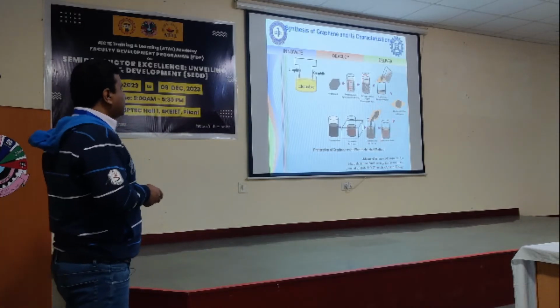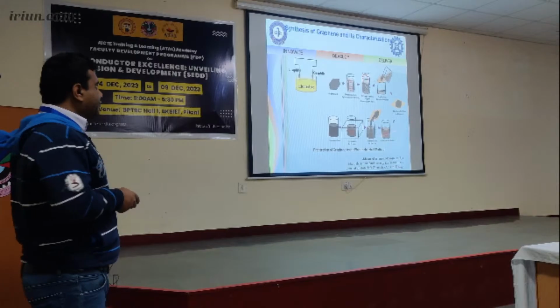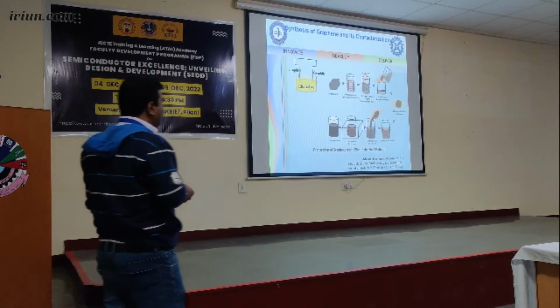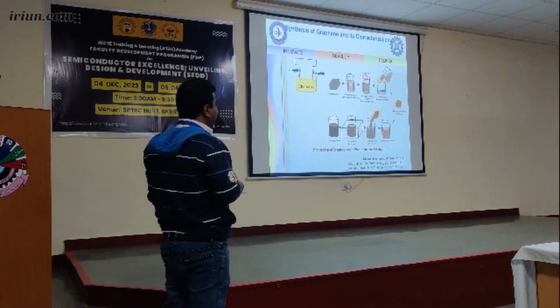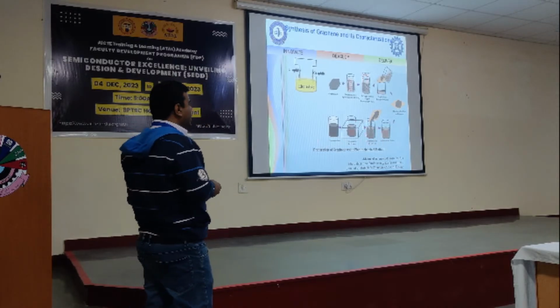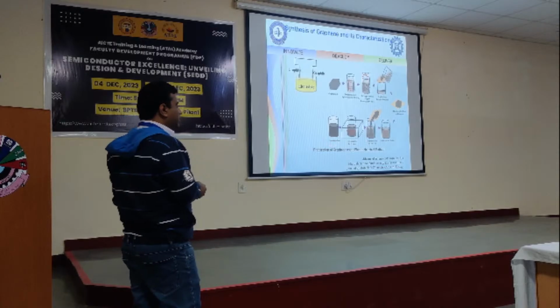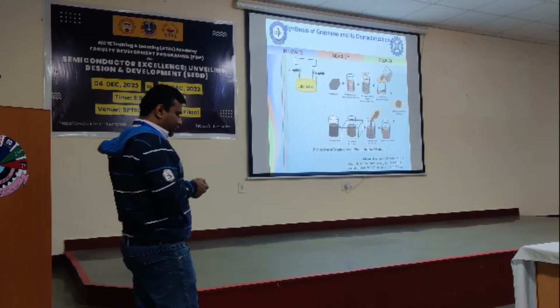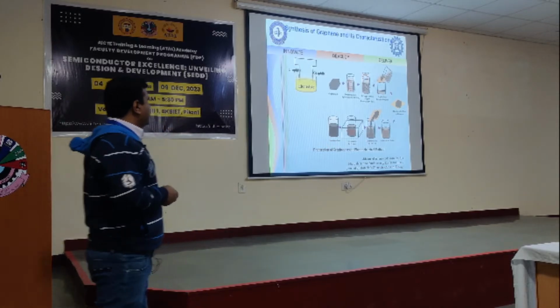Then the whole night it is dipped in solution, then ultrasonication takes place. After ultrasonication the flakes are formed into liquid graphene. That graphene is used for your device fabrication.